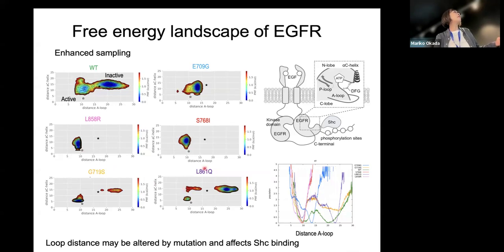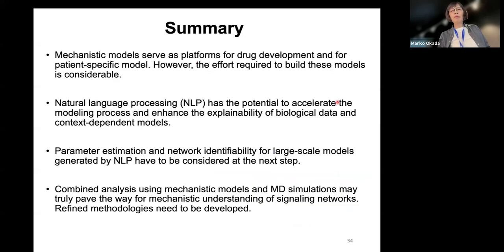And we think that there is a structure called ErbB and EGFR. They may affect the SIC binding, so that a mutation near the ErbB or far from the ErbB may decide the affinity to the SIC. So we are now testing this hypothesis.